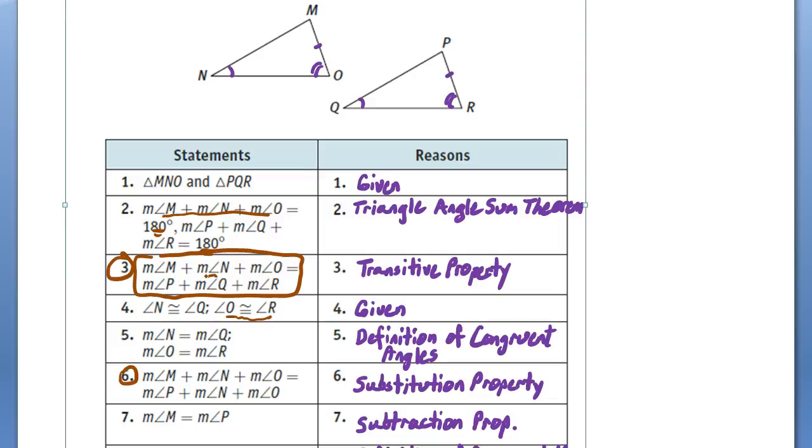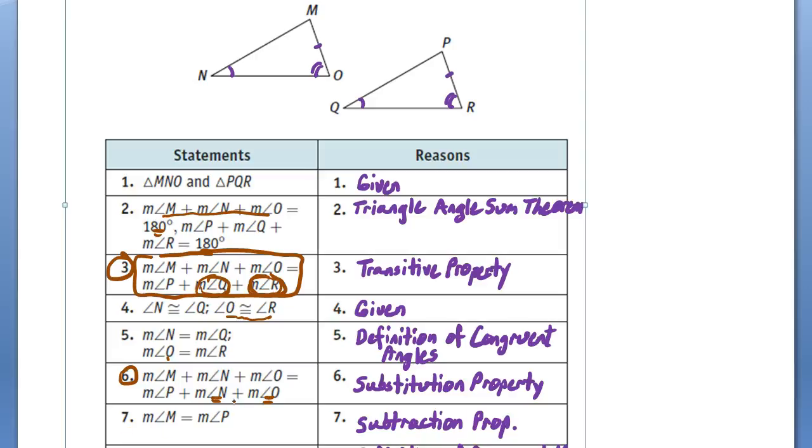We're going to replace angle Q with something that's equal to it, angle N, and you see that here. And let's replace this part here, the measure of angle R, with something that's equal to angle R, which is angle O, and you see that filled in right here. That's the substitution property, when you replace things with other expressions that they're equal to.